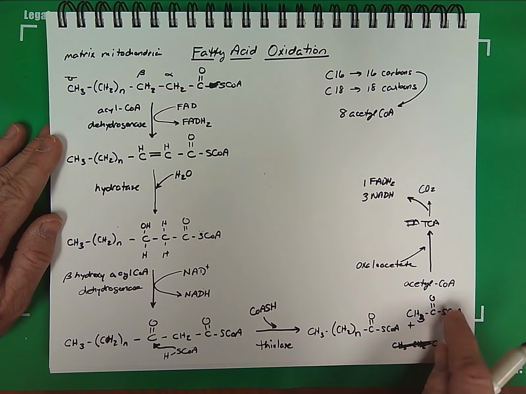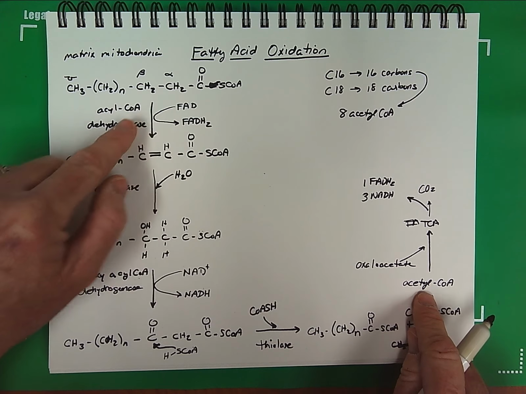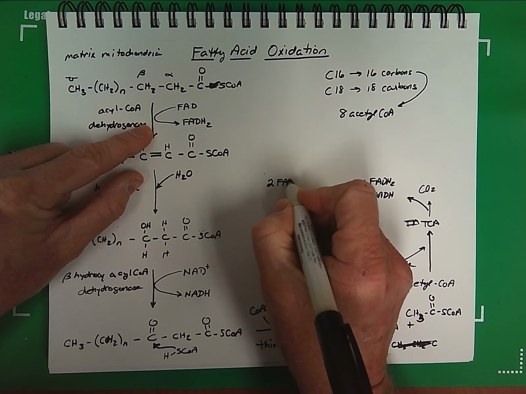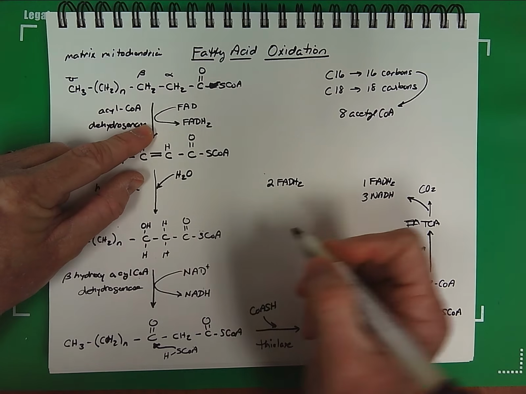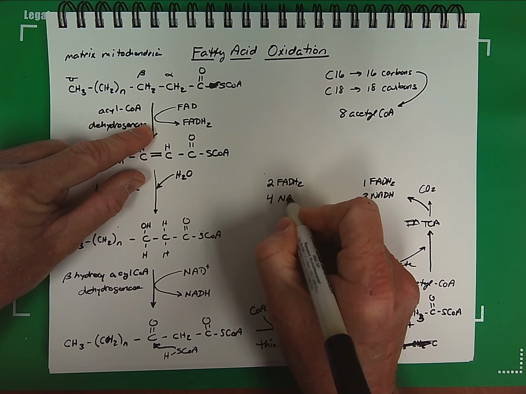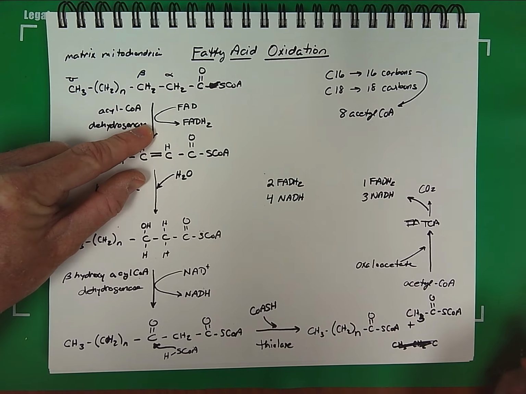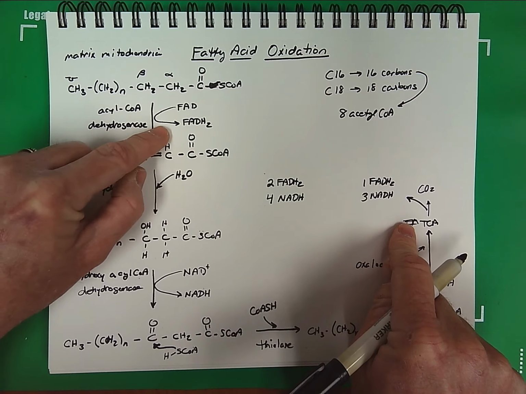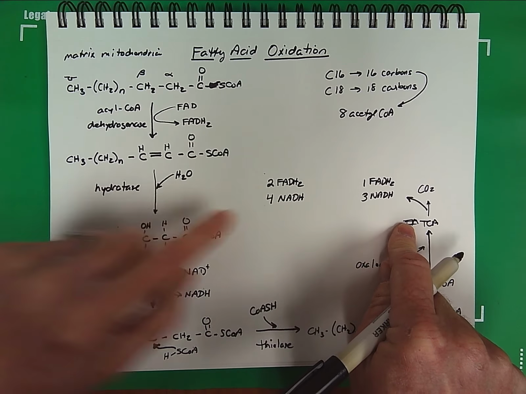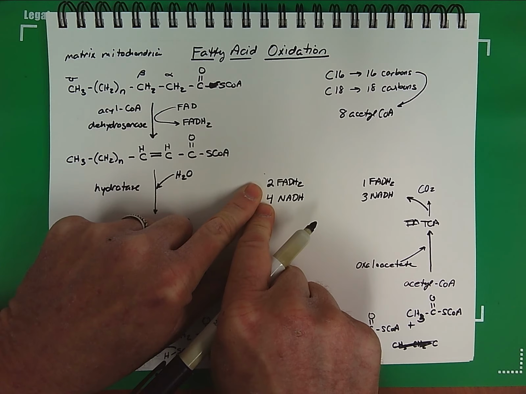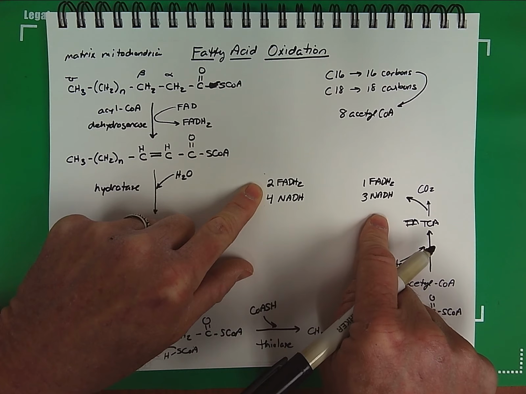So if one acetyl-CoA molecule generates a total of 2 FADH2s and a total of 4 NADHs, including that which derive from the TCA cycle and that from the beta oxidation reactions, we have the equivalent of 6 high-energy molecules generated per acetyl-CoA.